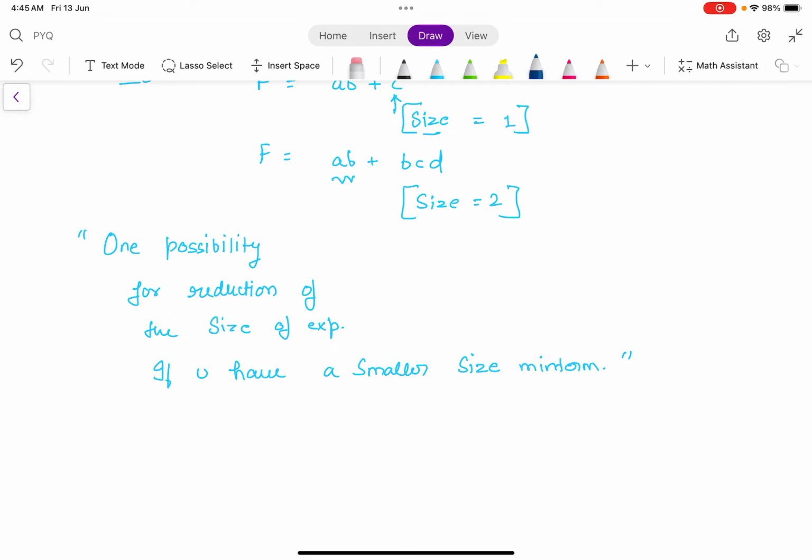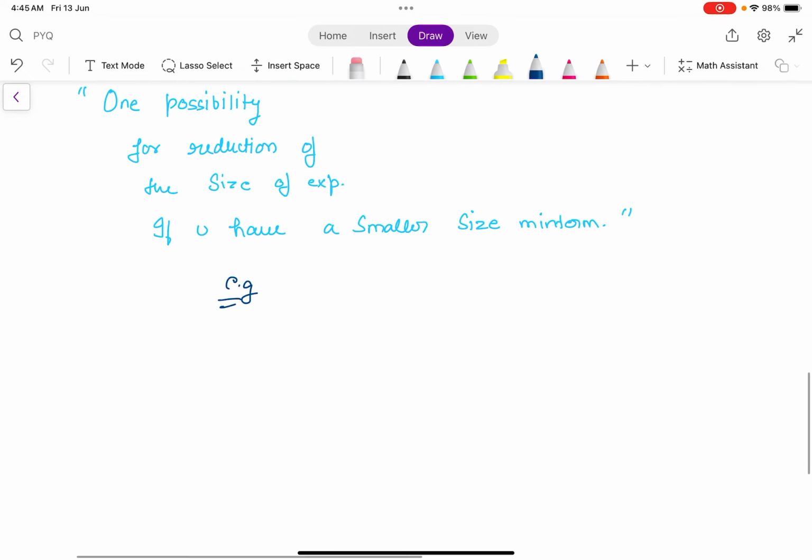See, I will explain with an example, that will be much clearer. Let's say your F is AB plus C. So there is a minterm of size 1, which is smaller than this size. This size is 2, this size is 1. But it cannot reduce it further, so your expression is only this.